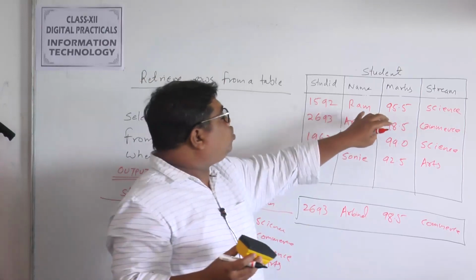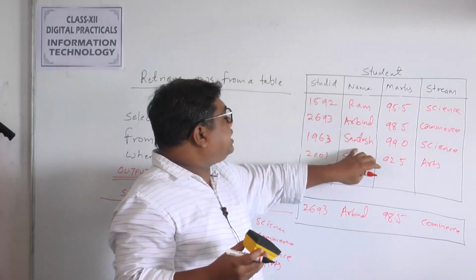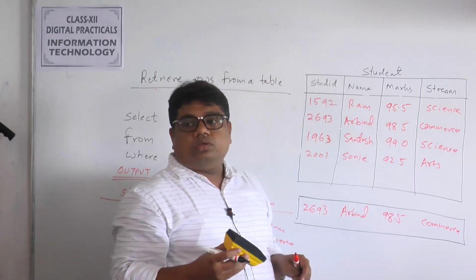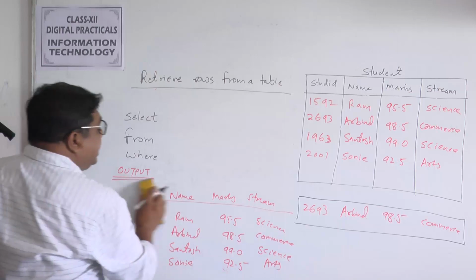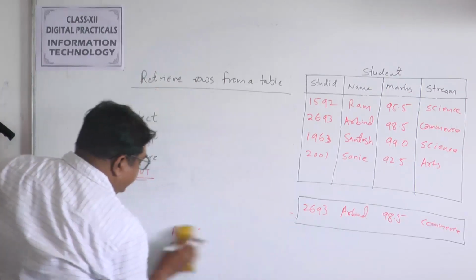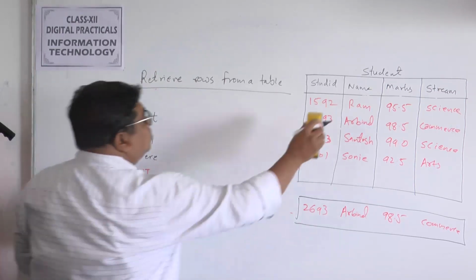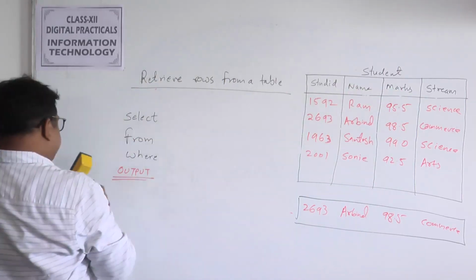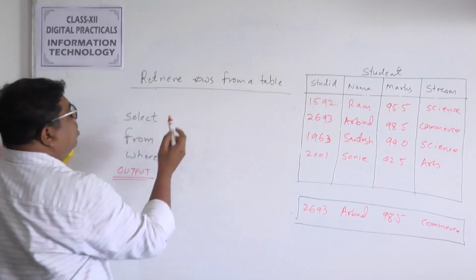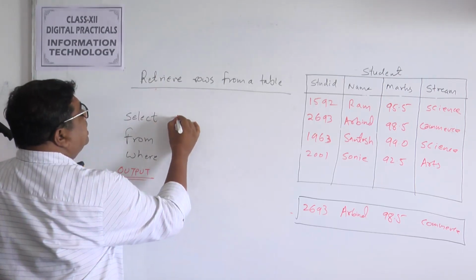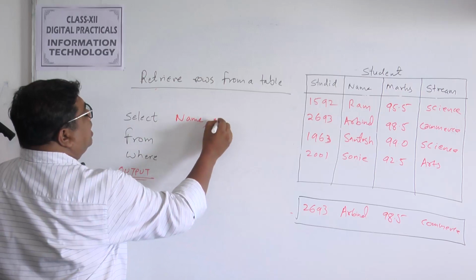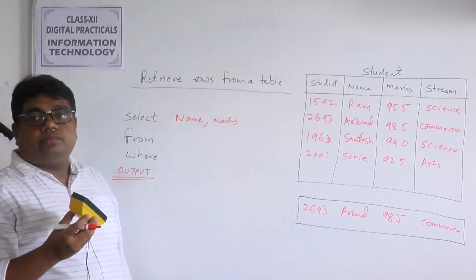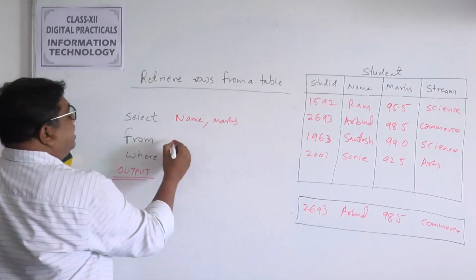And see, there are 2 students whose stream is science, that is Ram and Santosh. So how to write this query? I want to display only name and marks. So I will write SELECT. Then I have to write the column names, that are name, comma, marks, because I have asked only for 2 columns. And from which table?